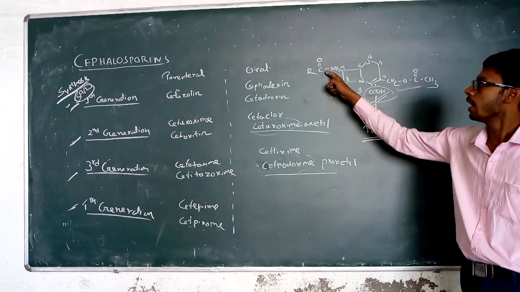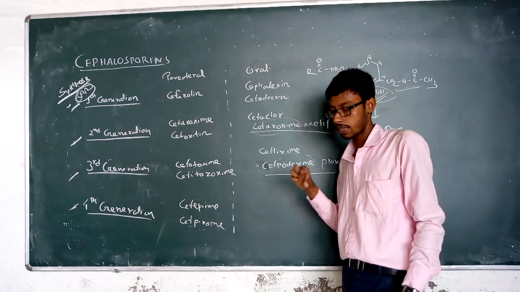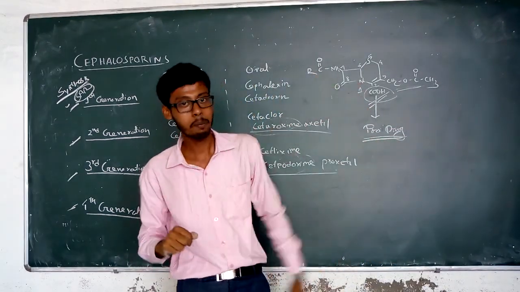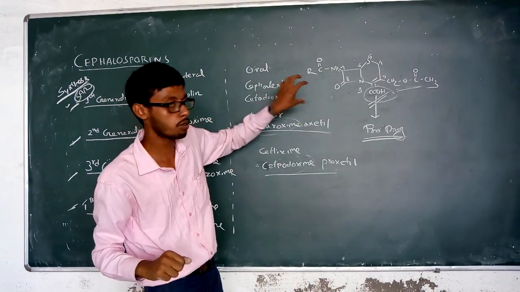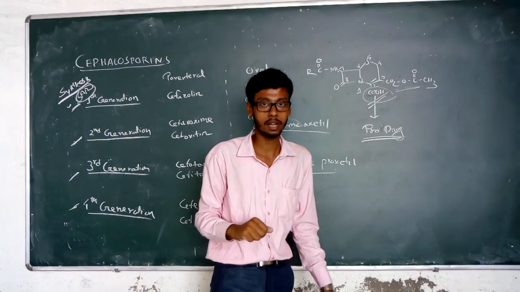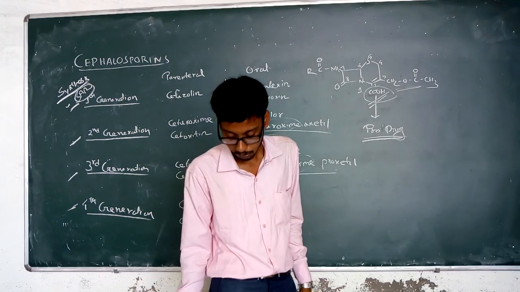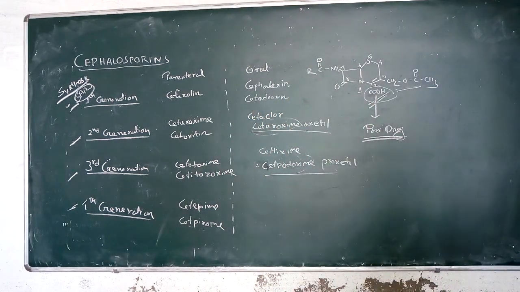The acyl side chain, as in penicillin, is also effective against gram-positive bacteria. Acylation of the amino group is responsible for the activity against gram-positive bacteria. So let's see the detailed SAR of the cephalosporin moiety.